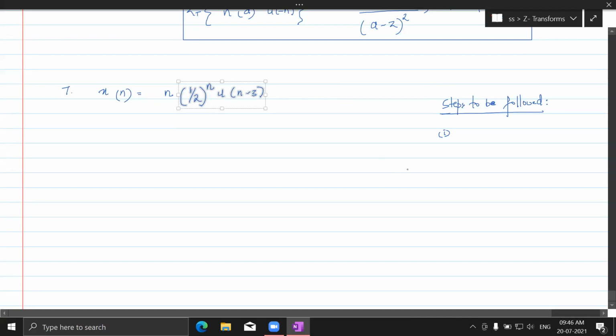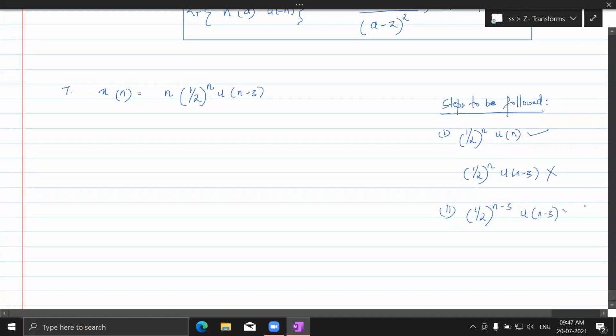See here, it's half power n u of n. Then there is half power n u of n minus 3, but this will not happen. First, you need to go with this. This is not true. So what you should go with rather, half power n minus 3, u of n minus 3.